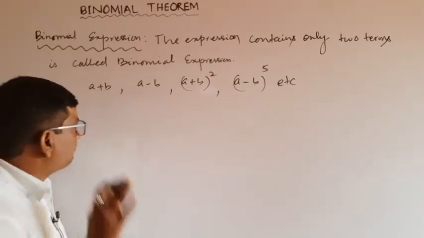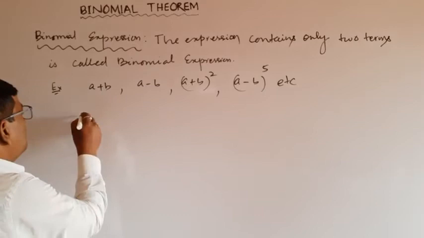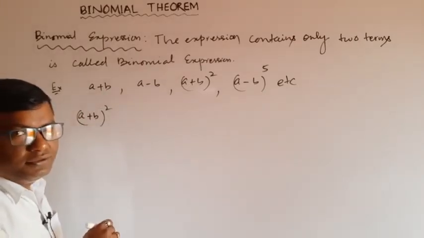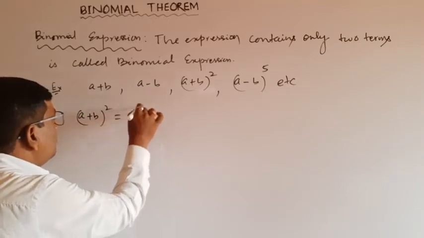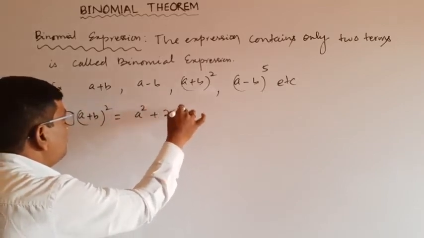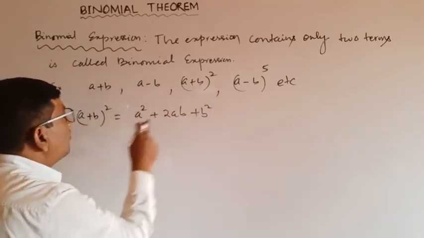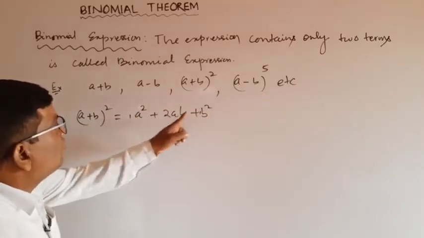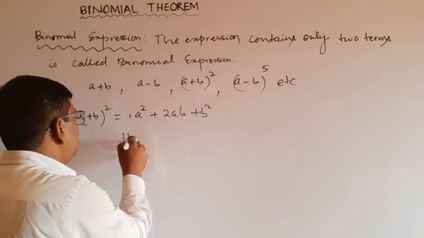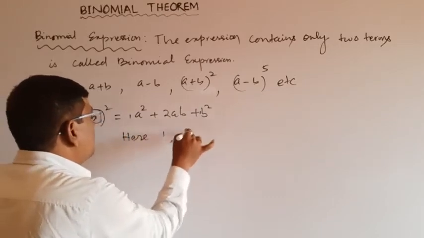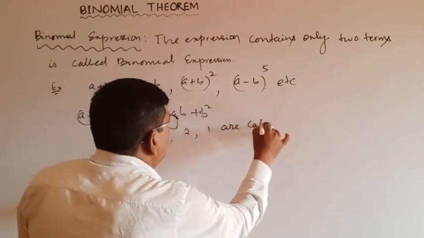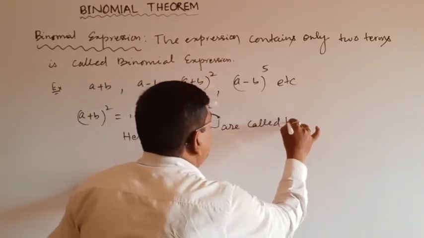Very interesting. You know, (a plus b) whole square is equal to a square plus 2ab plus b square. Here 1, 2, 1 are called binomial coefficients.